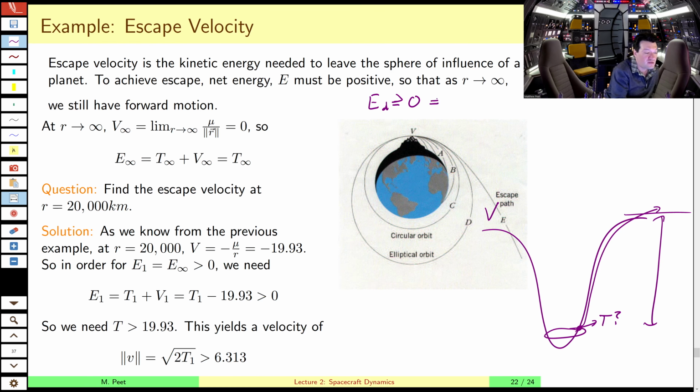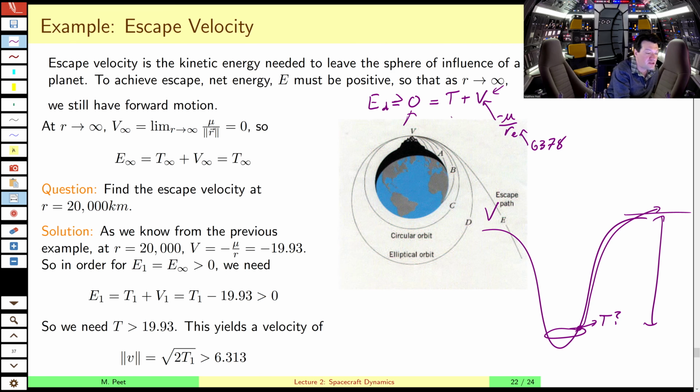And so that is, of course, a combination of kinetic plus potential. And we know on the surface of the Earth the potential energy is negative mu over the radius of the Earth, which is, of course, 6,378. And so, right, we can calculate this number.